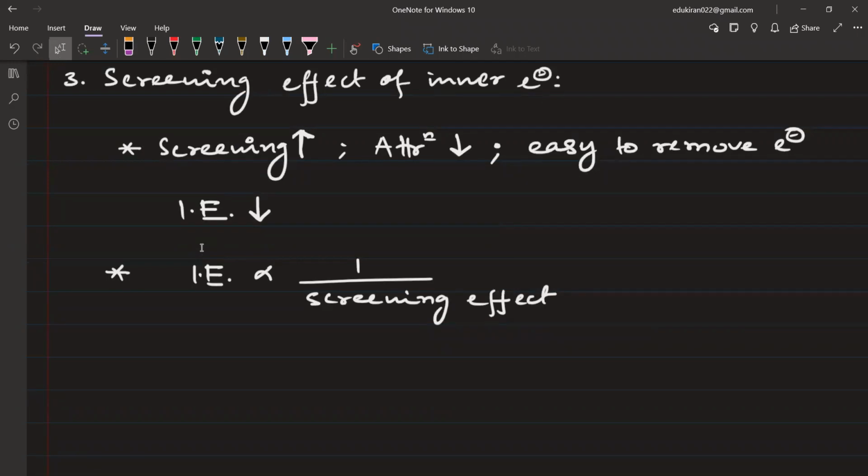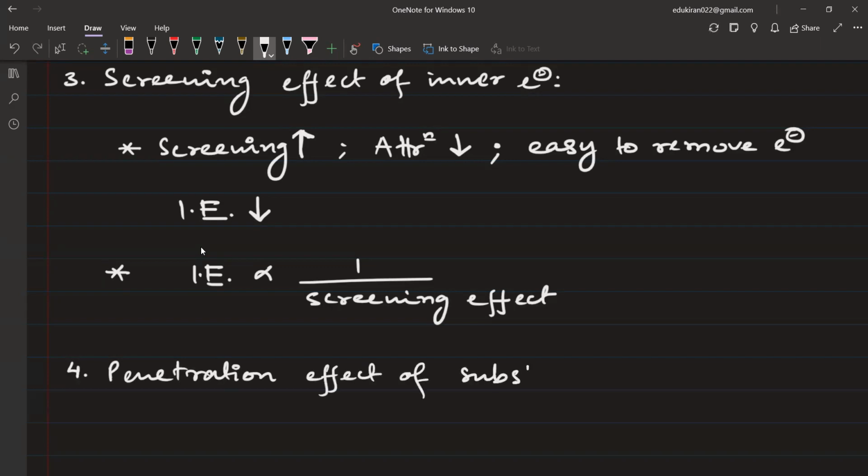Screening effect. And then we will write next, fourth point: penetration effect of subshell. So we know that the S subshell is nearest to the nucleus.